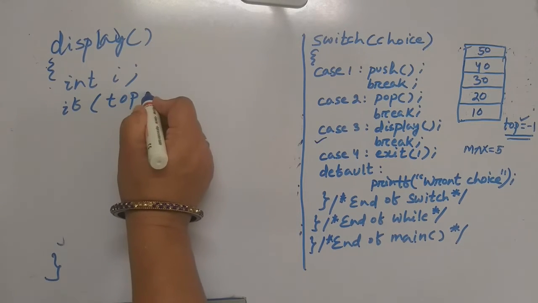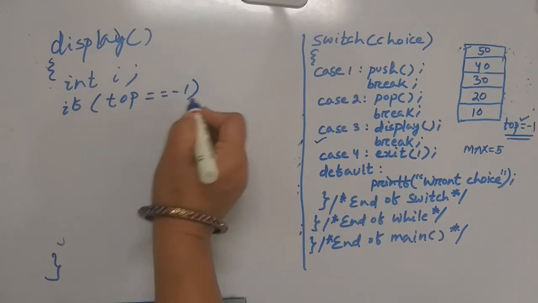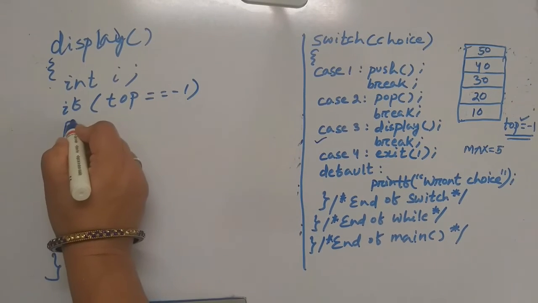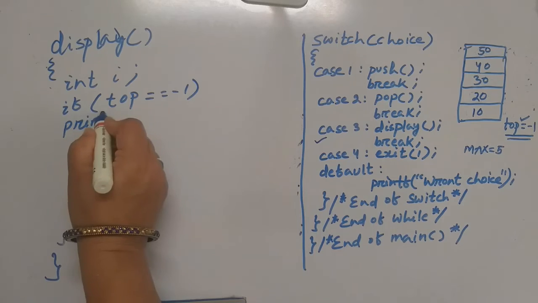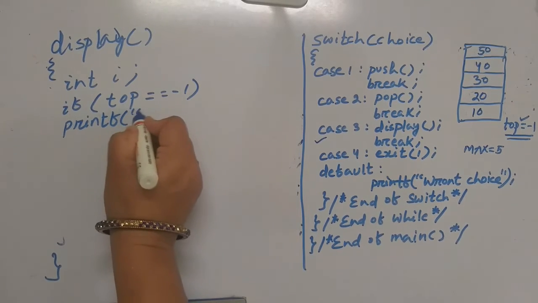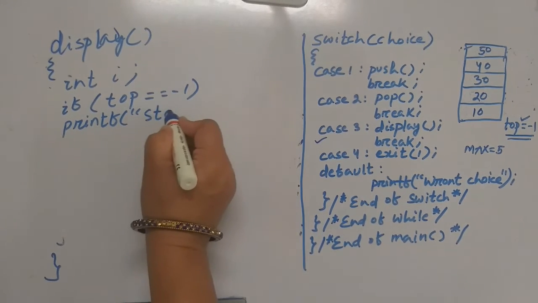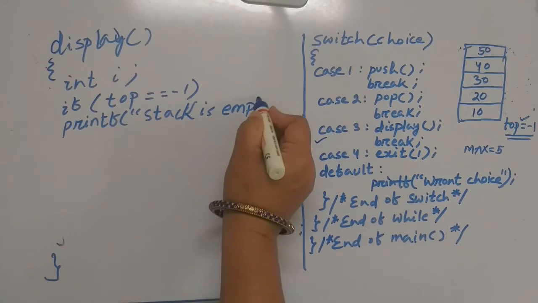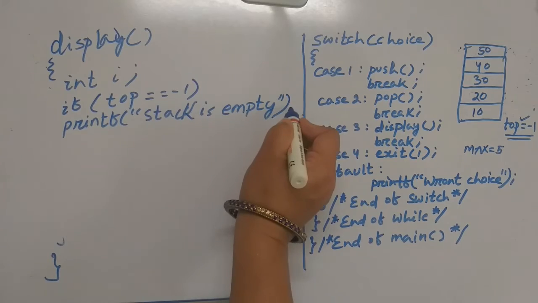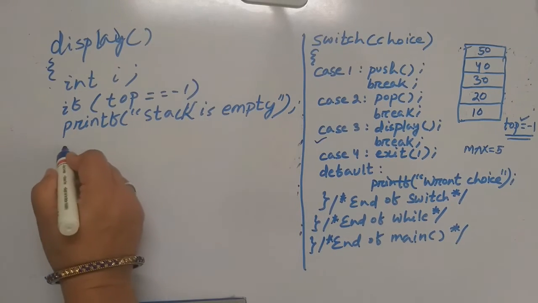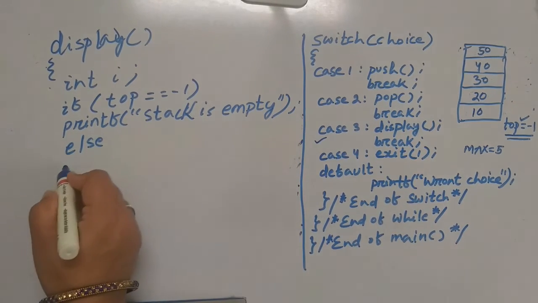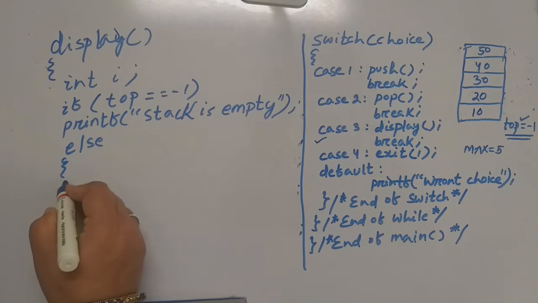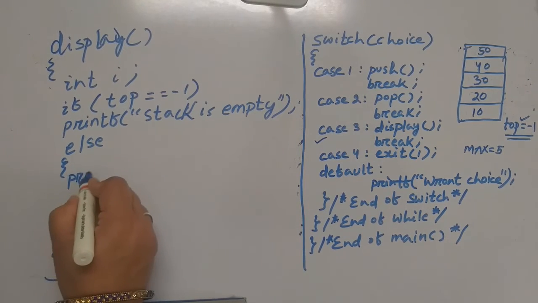If top is equal to minus 1, that means there is not any element to display within the display function, so printf stack is empty. That means the stack is already empty, so there is no element present to display. Else, if the stack has some elements, how do we print it?